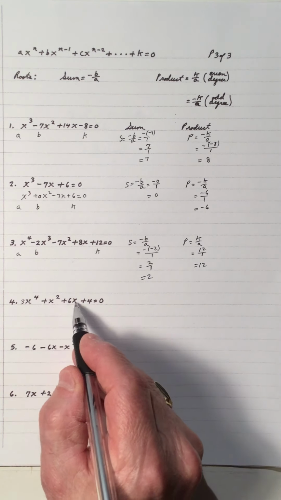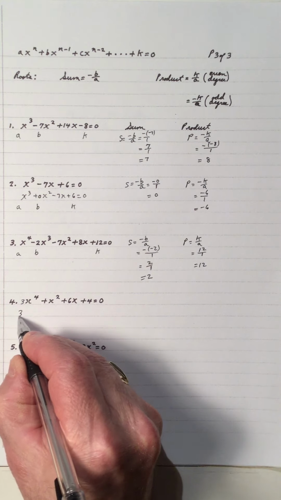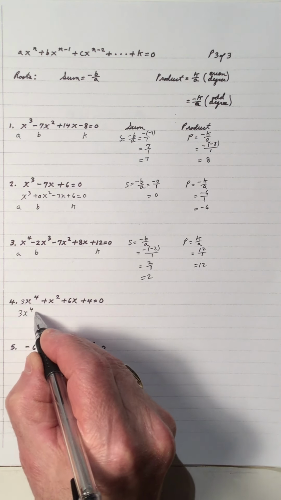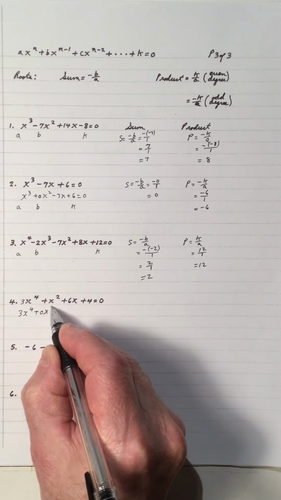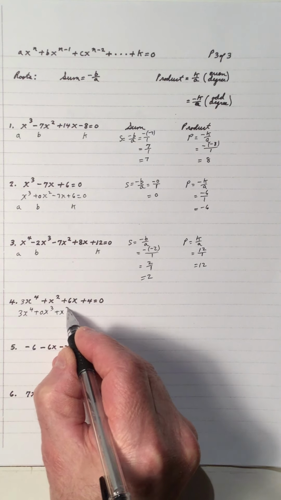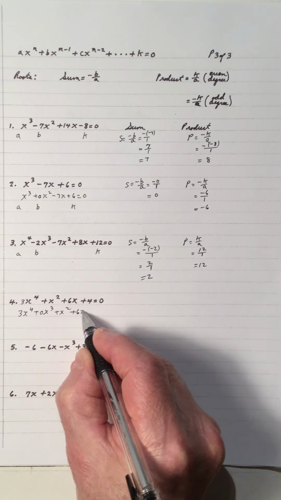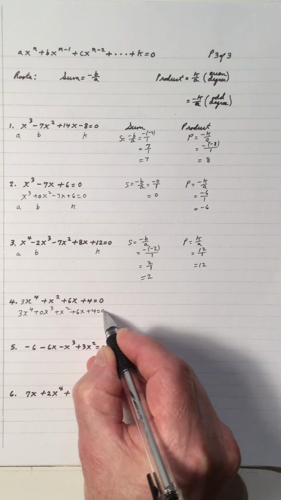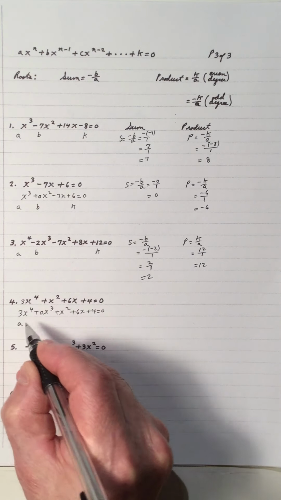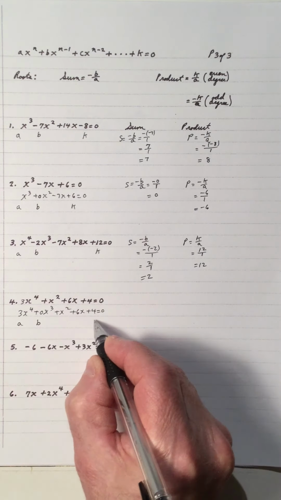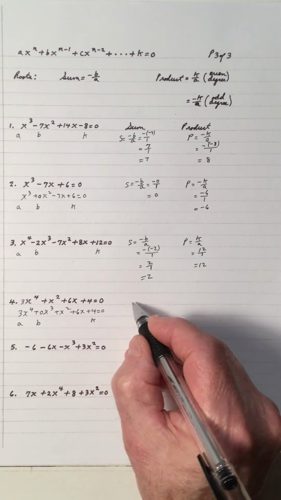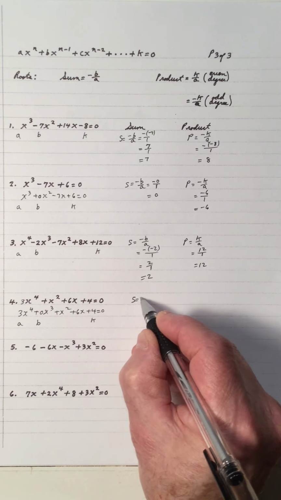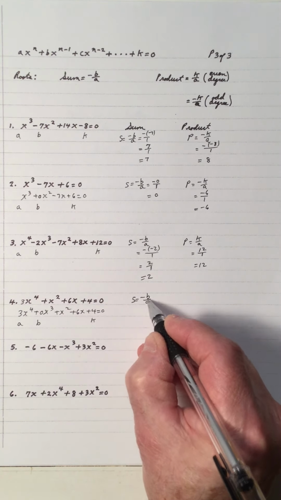4, 2, 1. Again, 3x to the fourth plus 0x cubed plus x squared plus 6x plus 4 in descending order. Notice a is 3, b is 0, k is 4. So the sum of the roots is negative b over a.